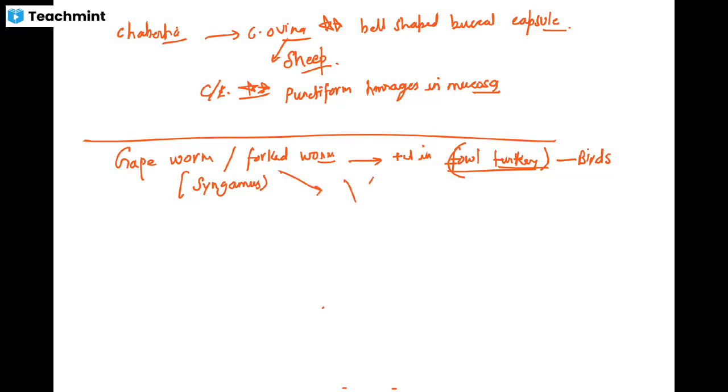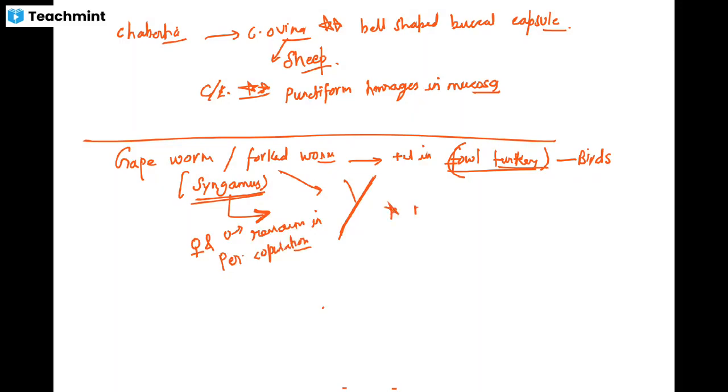Their shape is Y-shaped. The name Syngamus was given because male and female remain in permanent copulation.